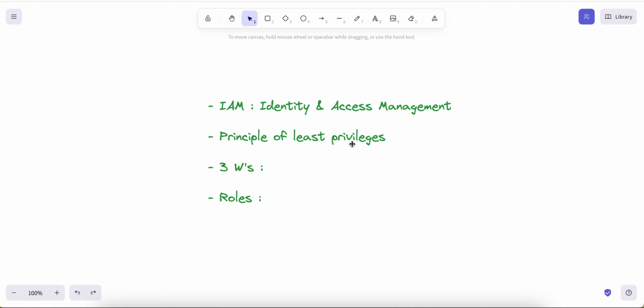Based on their role, the best practice, the principle of least privilege, says to give the minimal roles that are required for a particular account or a particular user to accomplish what they want to do. If they just need two things, then just give two things. Don't give 10 other things which they don't need.